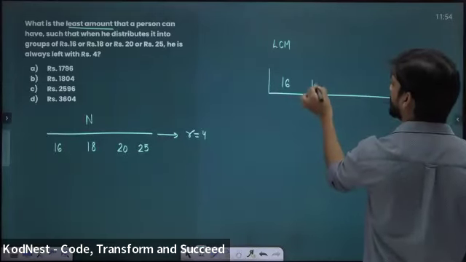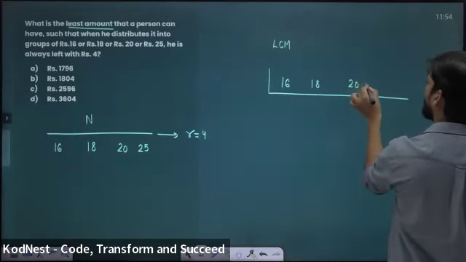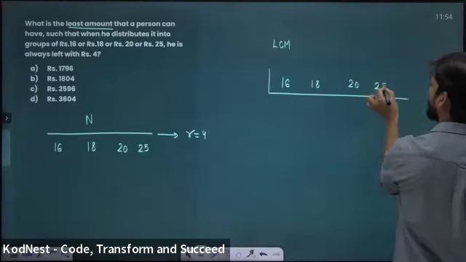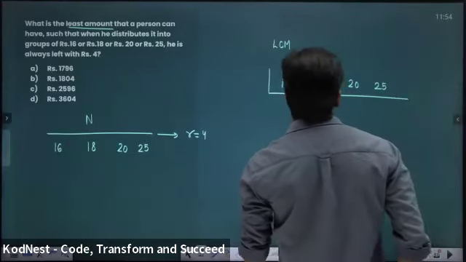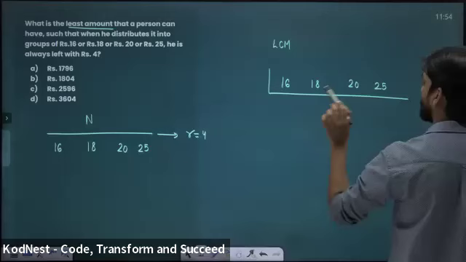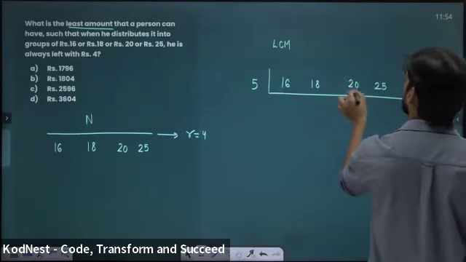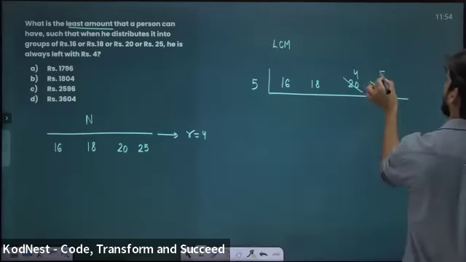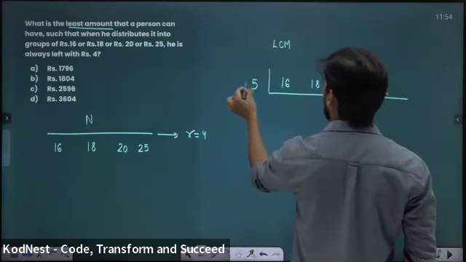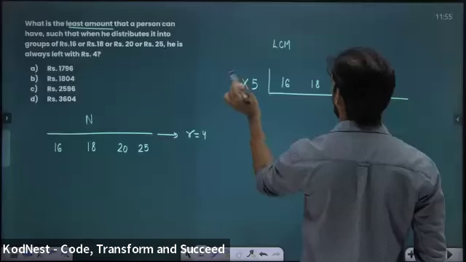So 16, 18, 20 and 25. Okay, so carefully see please. 5 into 4, 5 into 5.